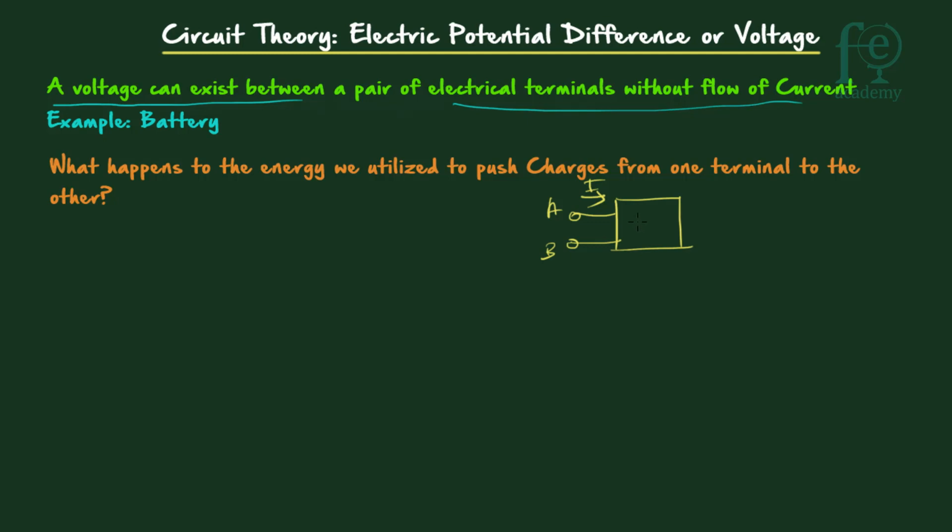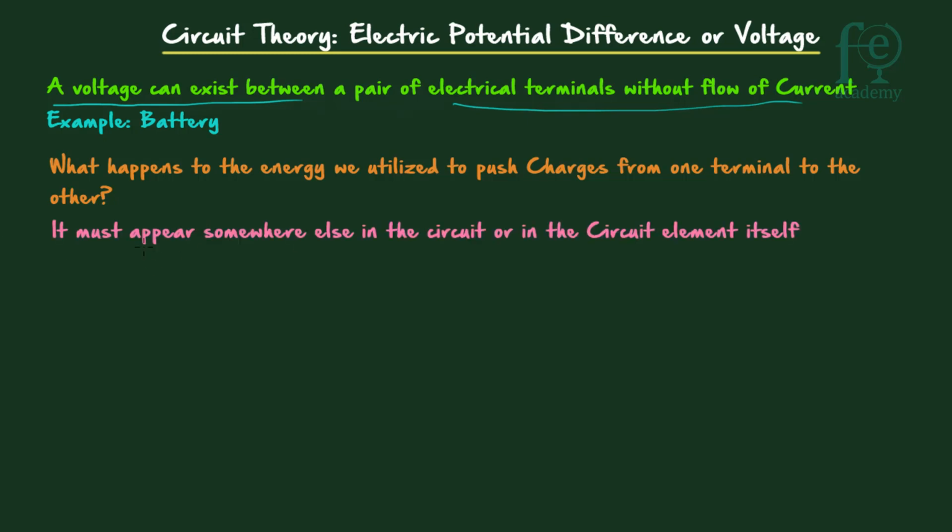So what happens to this energy? The answer lies in the working of the electrical device. It must appear somewhere else in the circuit or in the circuit element itself.